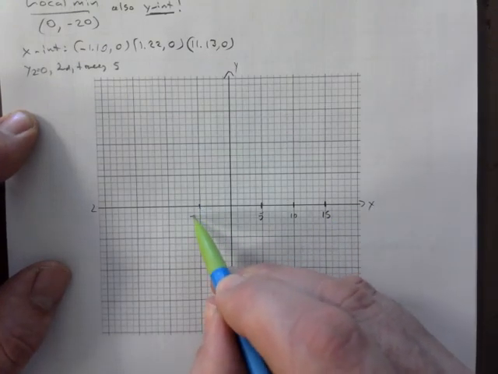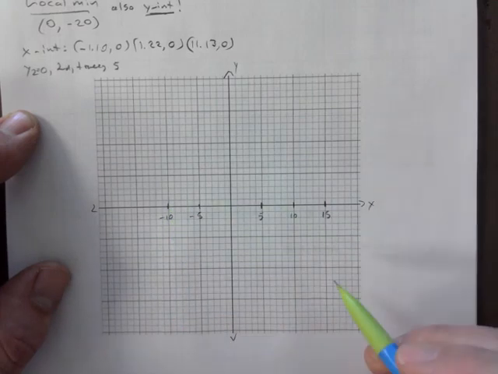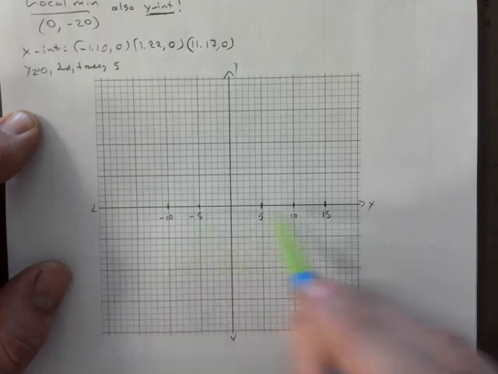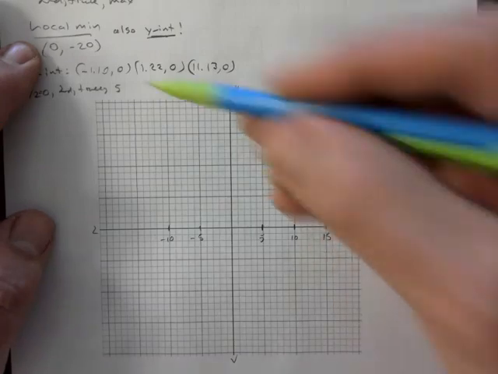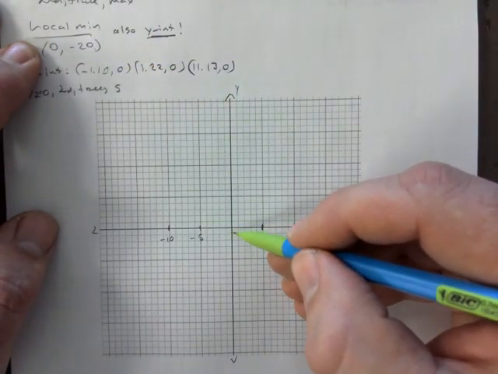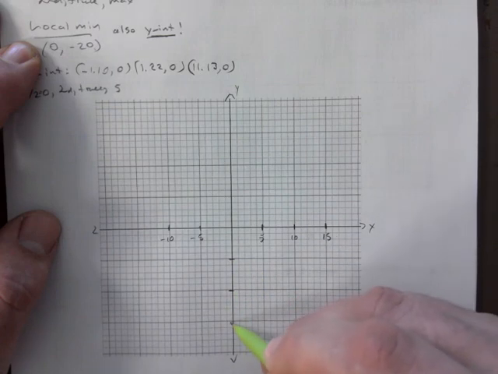And I go negative 5 here. So that's going to be okay for my x-intercepts. My local min is 0, negative 20. So I can do the same here. I'm just going to go by 5s.